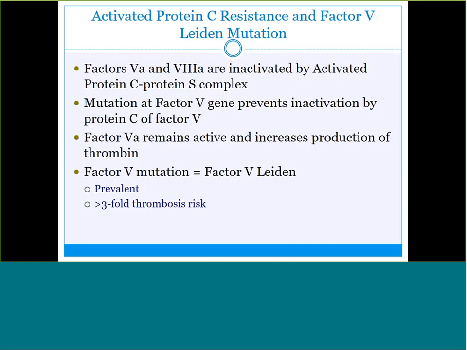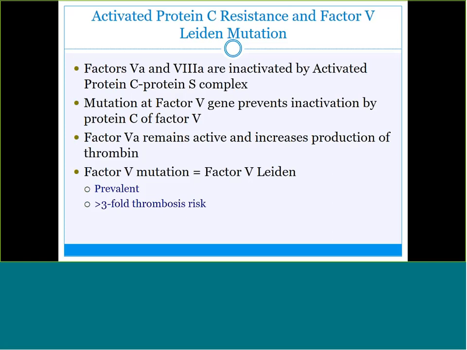So factor V Leiden mutation is basically what it's called, a factor V mutation. So your factor V protein has become mutated and kind of inactivated, as you will. Or not inactivated, that's the wrong way. Let me go back and explain. So again, protein C, we learned this in the first PowerPoint, and we learned a lot in that first PowerPoint, I know.